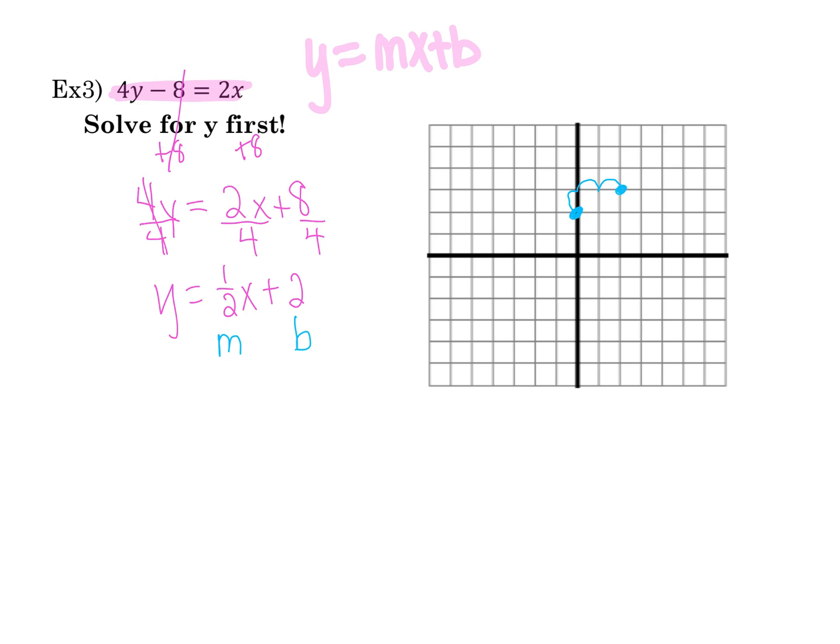I could do it again, rise 1, run 2, rise 1, run 2, and that will give me a few more points to try and draw a straight line. Again, having a hard time connecting those dots, but you get the idea. Again, it is a positive slope, which means it should be moving up, and my line is, and so I've double checked it.